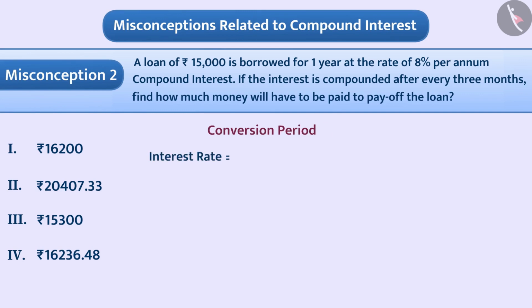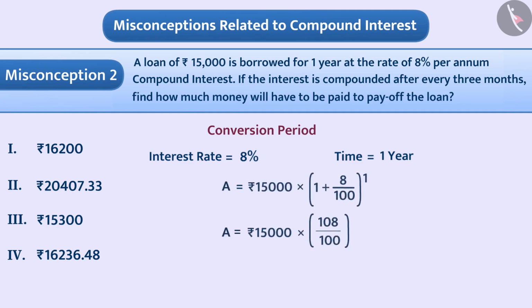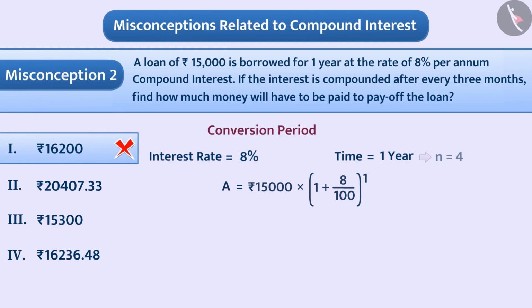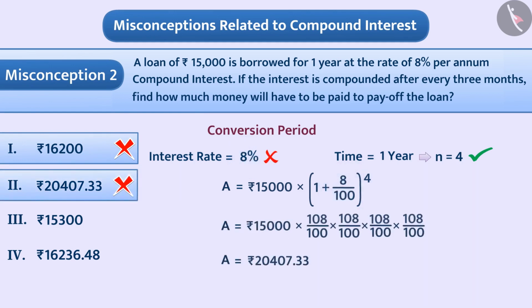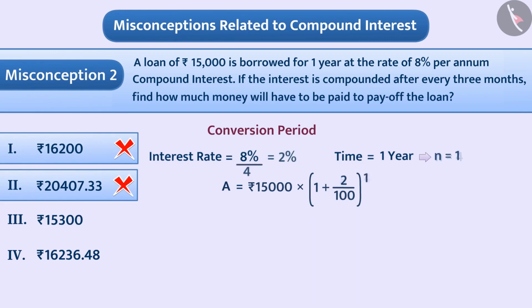They take the interest rate 8% and time 1 year and solve the question, from which they get the answer of rupees 16,200. So they select option 1, which is a wrong answer. Some children change the conversion period but forget to change the rate of interest. Similarly, some children change the rate of interest but forget to change the conversion period.